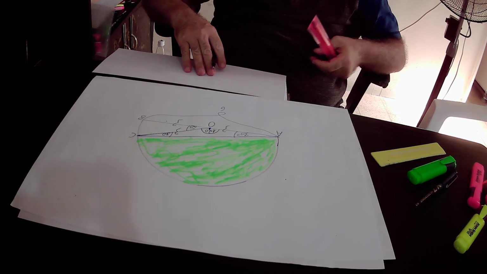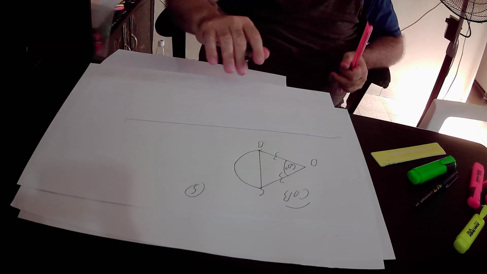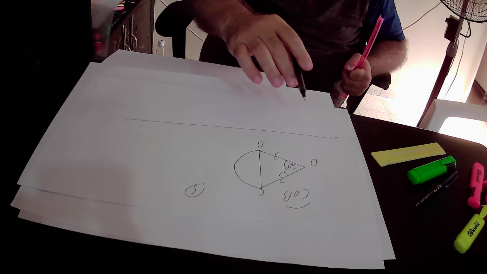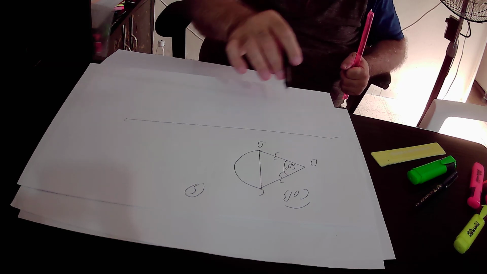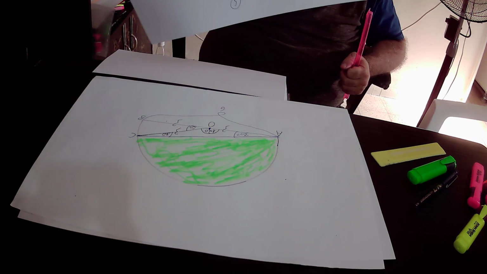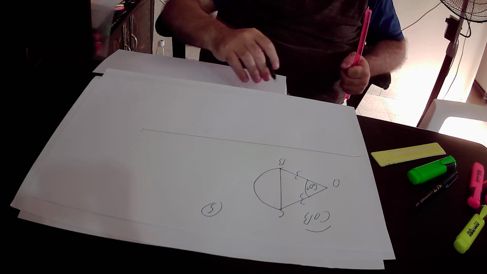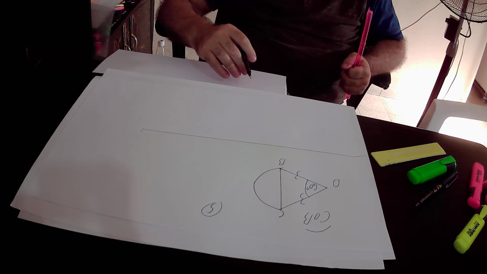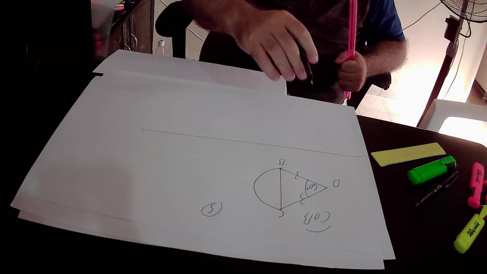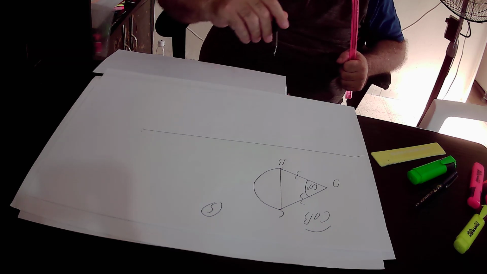So actually, this is sector COB, that I copied from the original drawing. CO and OB, they are both the radii of the semicircle that contains the sector, as you can see here. And CO and OB are equal to 3 units. They are also defined as the legs of sector COB, and the angle between the legs of sector COB, theta, equals 60 degrees.